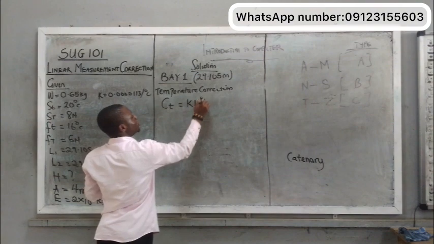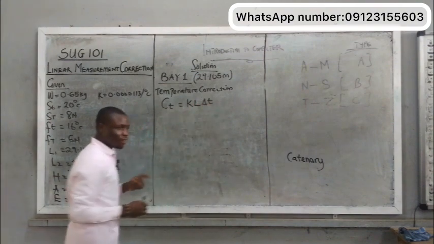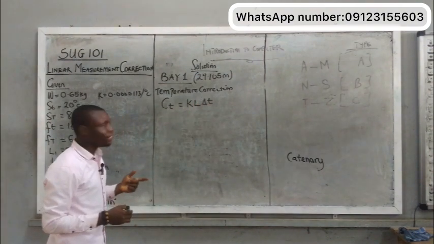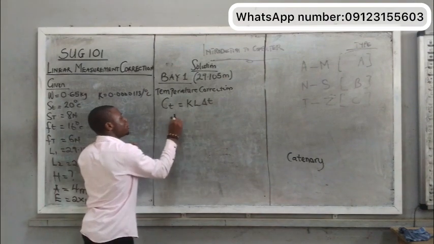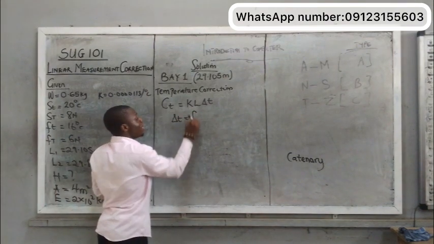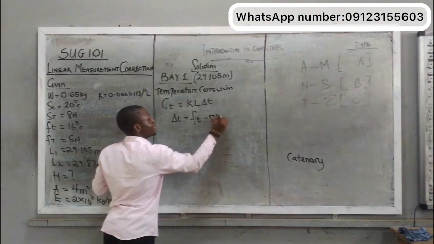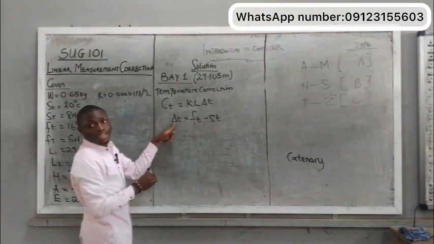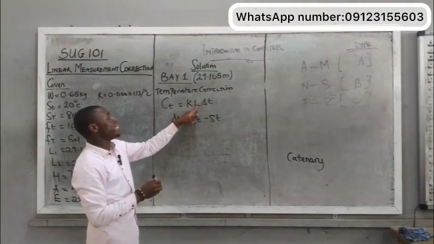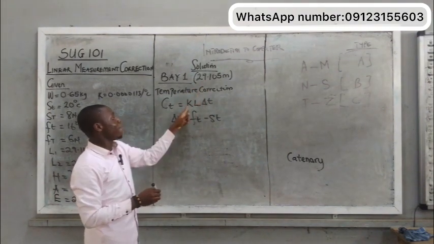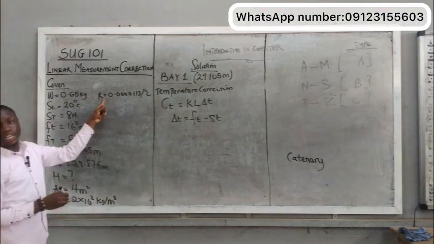CT equals K L change in T. Let's put in the parameters. We said change in T is equal to FT minus ST. After this, put the value here, multiply by the length and by K, and get CT.